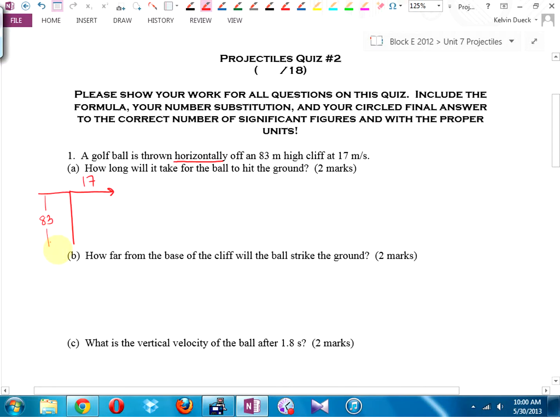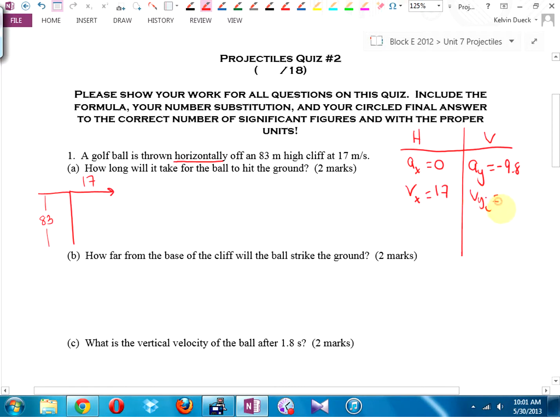I like to do my T-chart approach, and I have room over on the right to list my data: horizontally, no acceleration; vertically, negative 9.8; the horizontal velocity is 17.